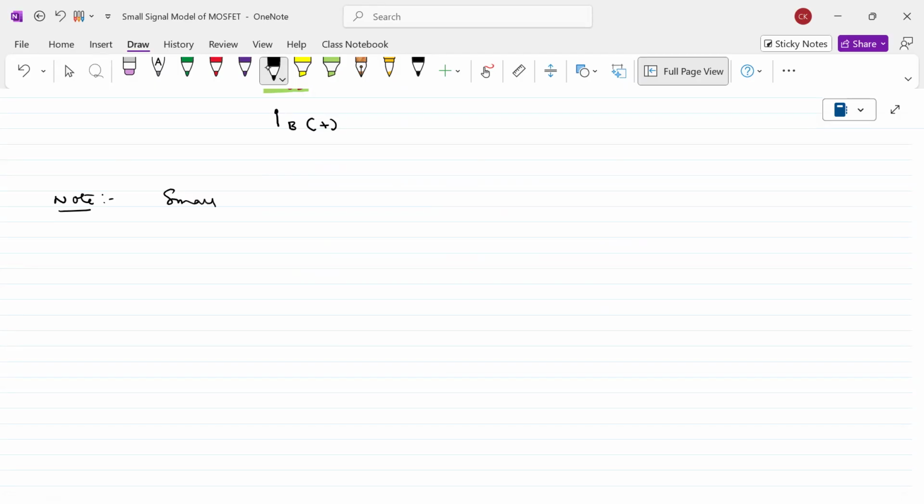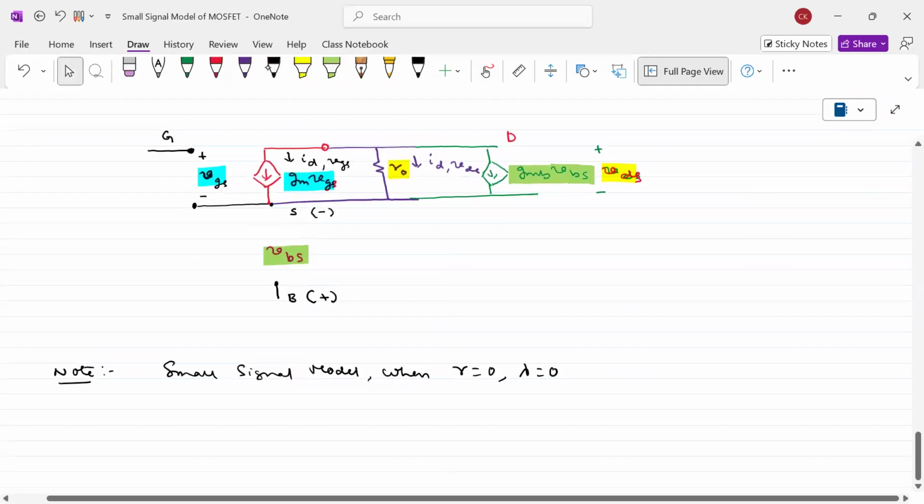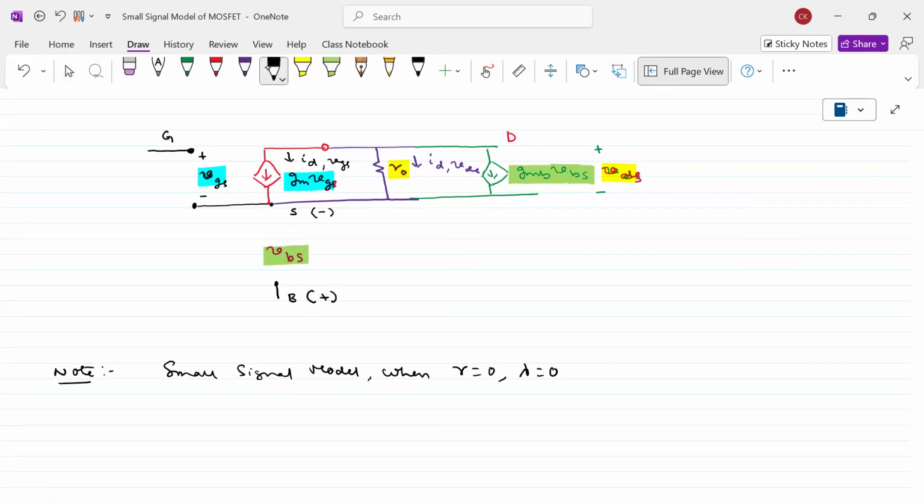Small signal model when gamma is equal to 0 and lambda is equal to 0. What does it mean? Gamma is 0 means no body effect. No body effect means we are not applying any VBS. If you are not applying any VBS, then there is no change in the IDS.